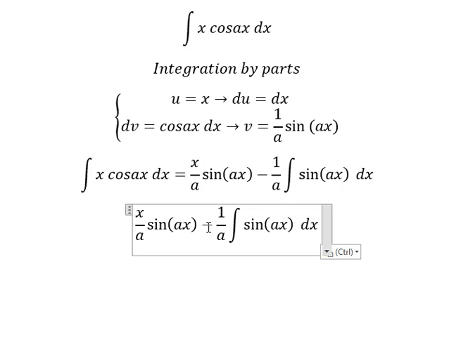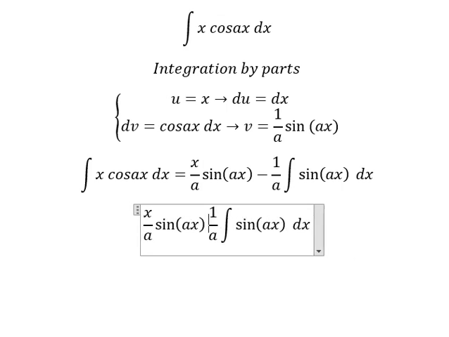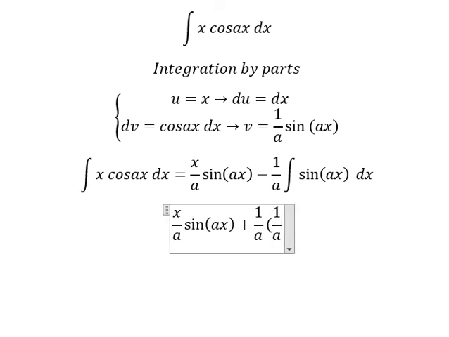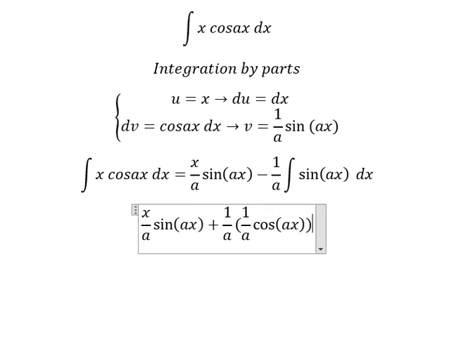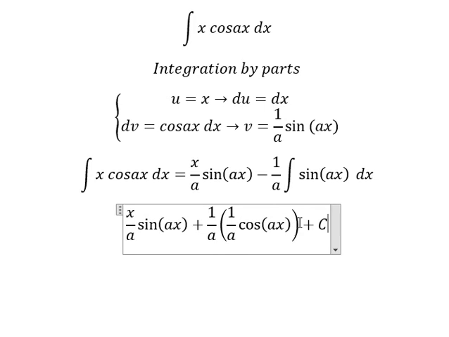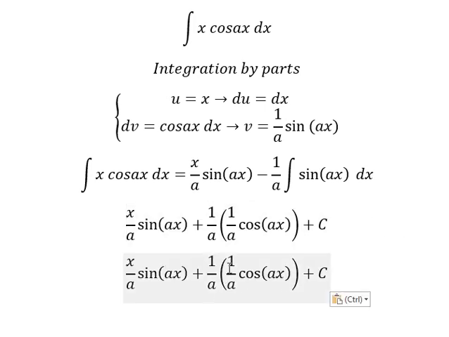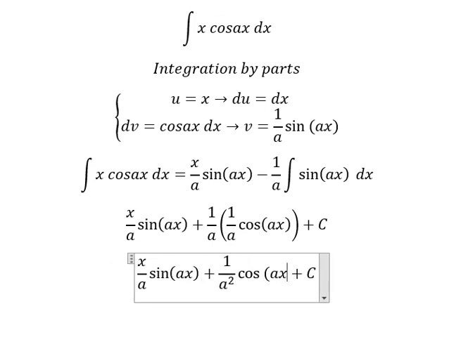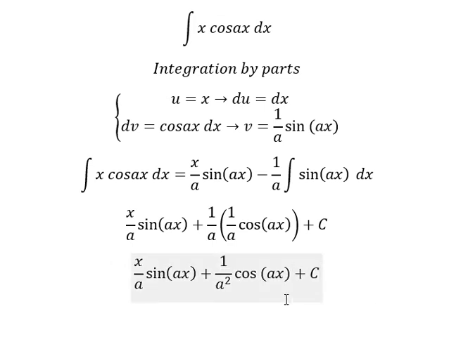The integration of negative sine as, you get positive 1 over a cosine as, and we put 1 over a here, 1 over a, you get 1 over a square cosine as, and this is the final answer.